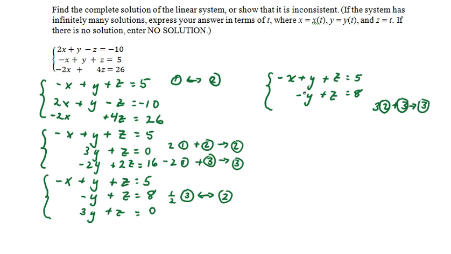So that neutralizes the y term in the third equation. It will be removed. 3z plus z is 4z equals 3 times 8, which is 24, plus 0 is 24.